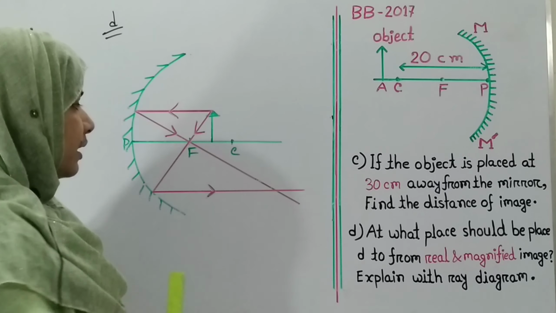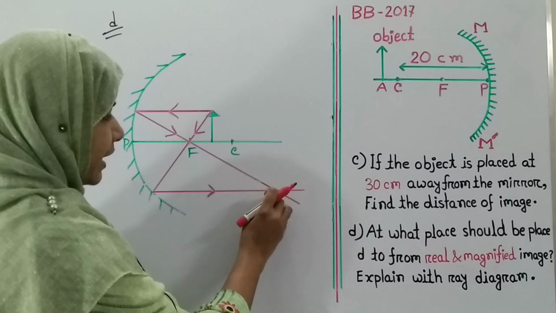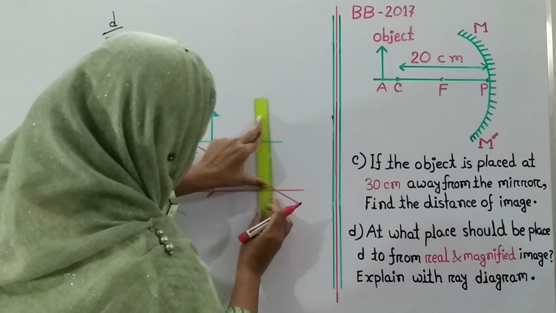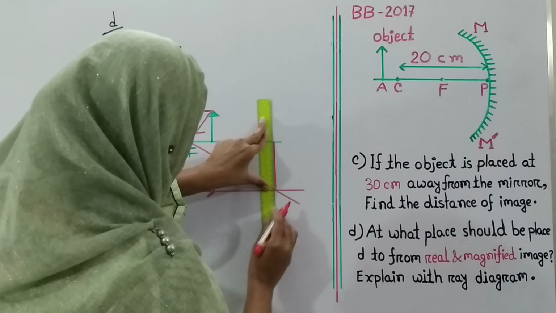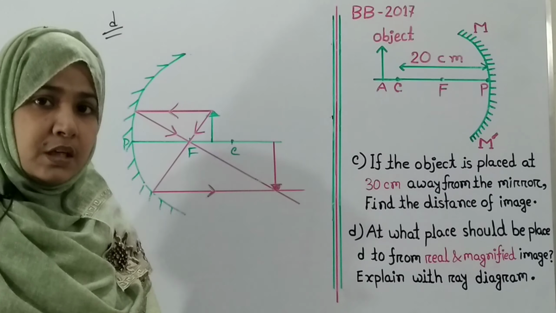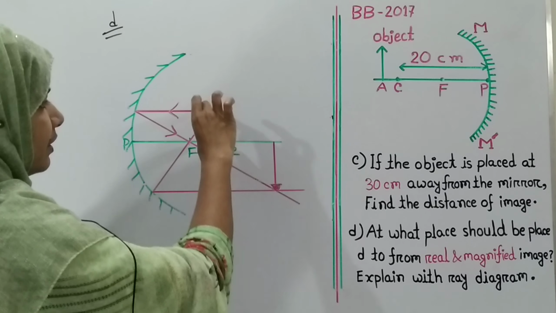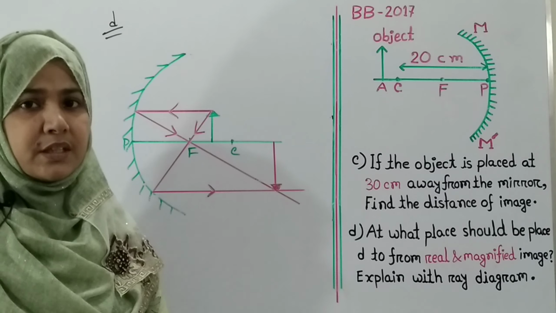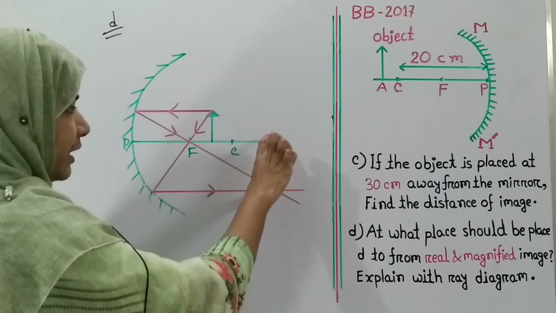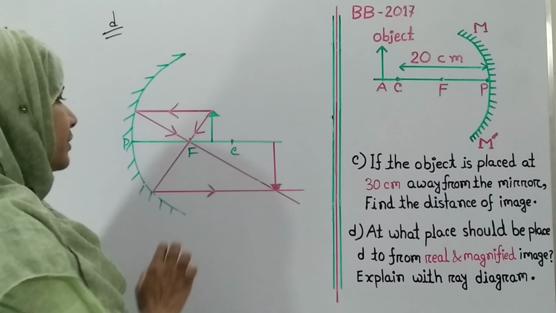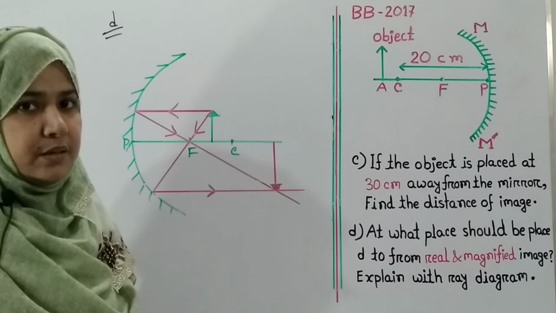You can see that two rays are meeting at this point. That means here the image is formed. Now as you can see, the size of the image is larger than the size of the object. That means a real and magnified image is formed when we keep the object between F and C.